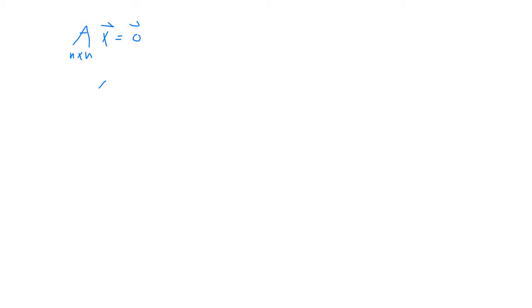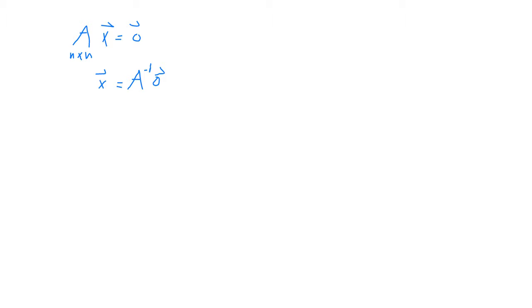Well, now, if an inverse exists, the vector x is going to equal A inverse times the zero vector. That's if an inverse exists.